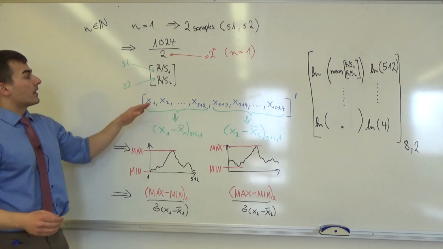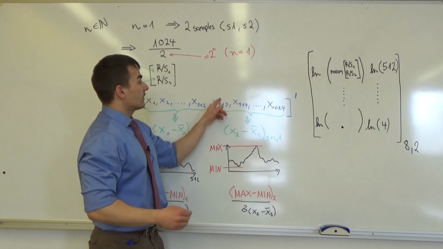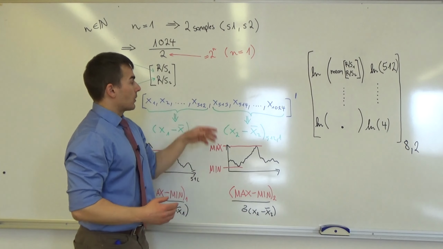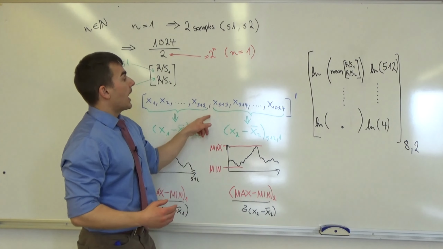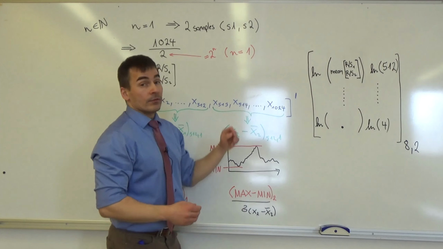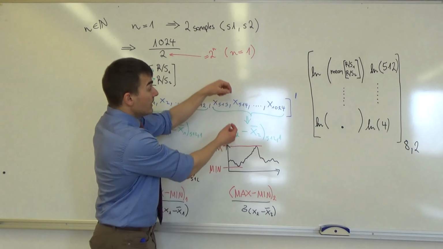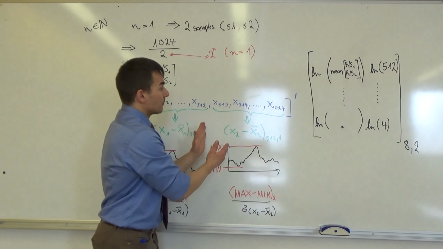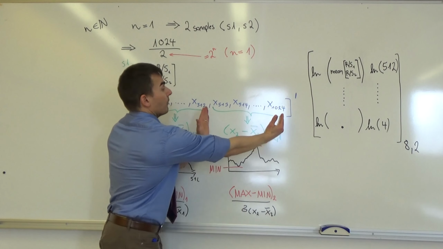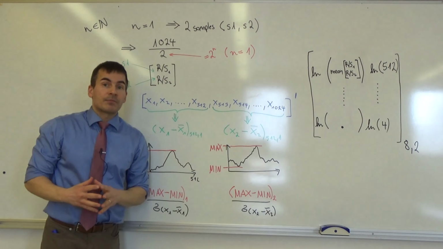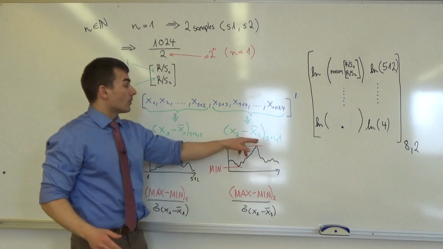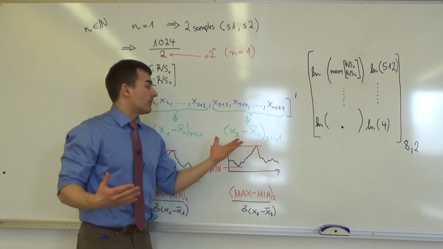We do the same thing for the second subsample, for the sample observations 513 until 1024. Again, from each single observation, we subtract the sample mean of that second subsample. We have it here. It's also a 512 by 1 vector per definition.